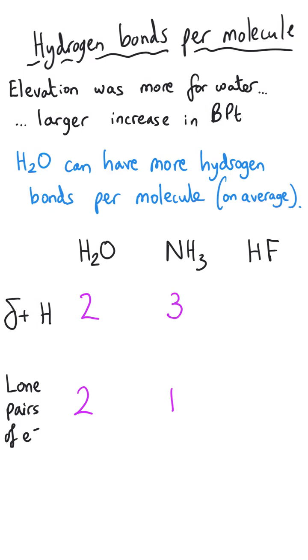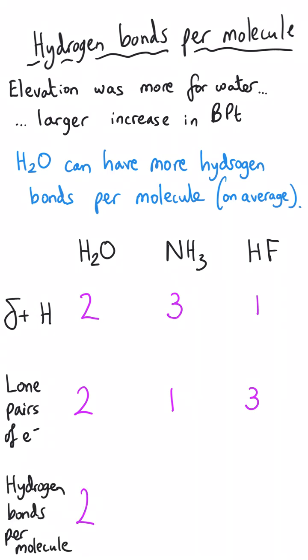Ammonia has 3 electron-deficient hydrogens, but only 1 lone pair, and hydrogen fluoride has 3 lone pairs, but only 1 electron-deficient hydrogen. And so that means that the balance is not the same, and so they can only have, on average, 1 hydrogen bond per molecule, whereas water has 2.